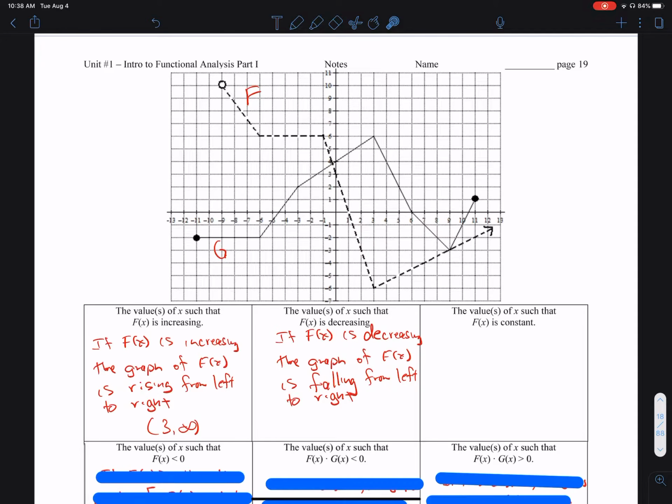So f of x is falling right after -9 to -6. And then it falls again from, yeah, that's right, from -1 down here to 3.